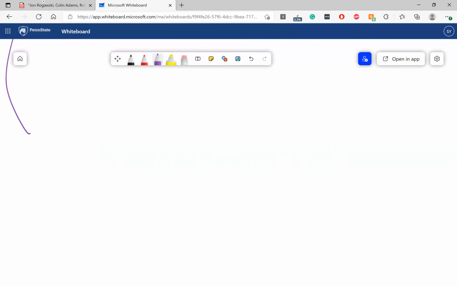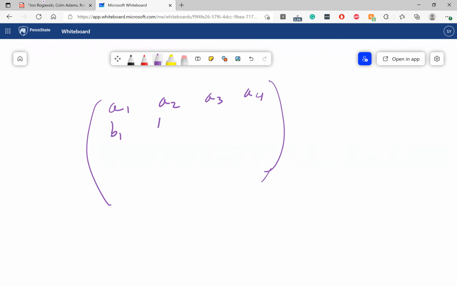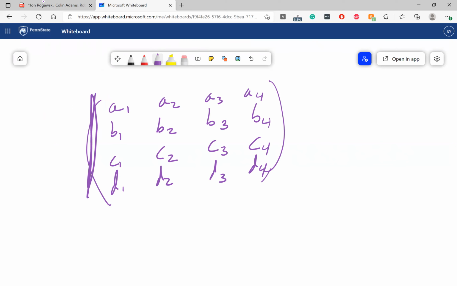So, and again, this is a little bit more important in linear algebra, but still, if you have a 4x4 matrix, A1, A2, A3, A4, B1, B2, B3, B4, C1, C2, C3, C4, D1, D2, D3, and D4. And you want to compute this determinant.